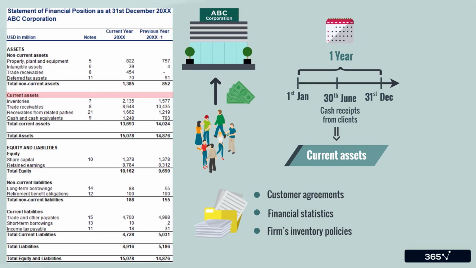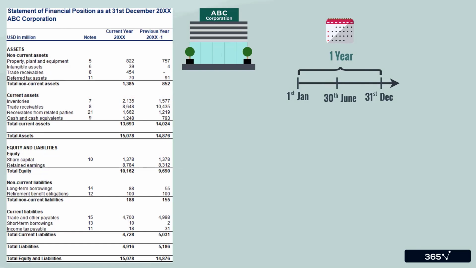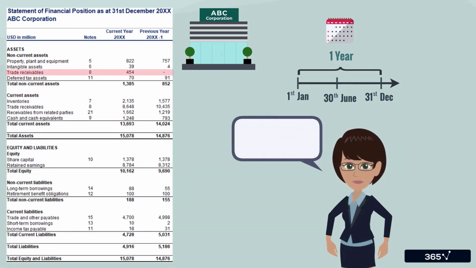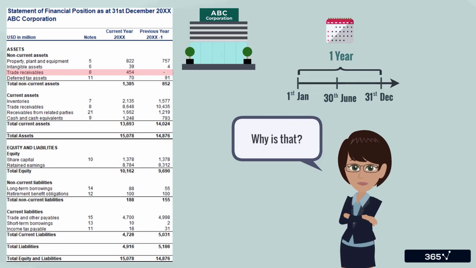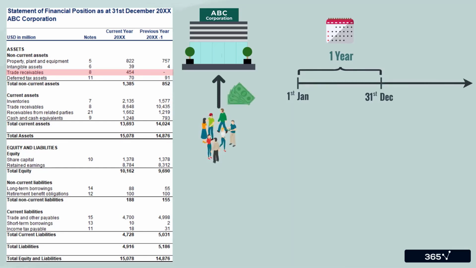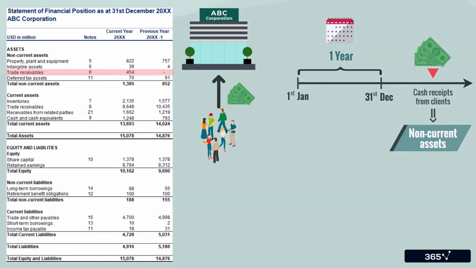So far, so good. Did you notice that we may also need to include a trade receivables line in the non-current assets section? Why is that? That's right. Some receivables may be overdue or may be scheduled for receipt later than 31st of December next year, and that's longer than the 1 year threshold.